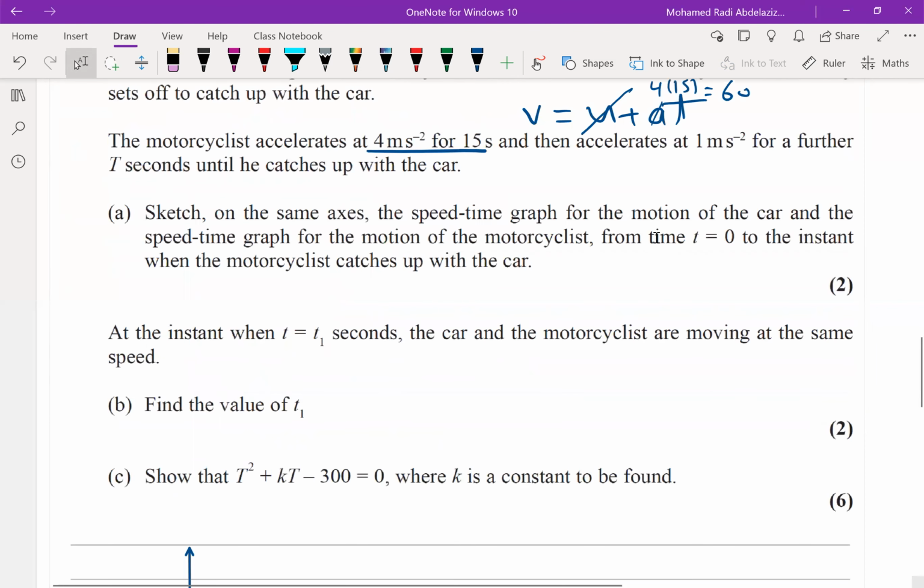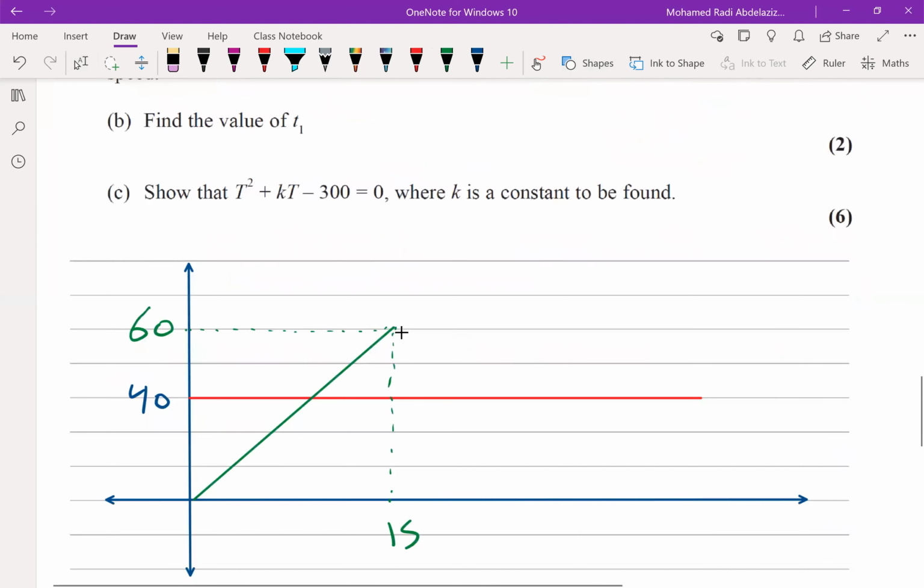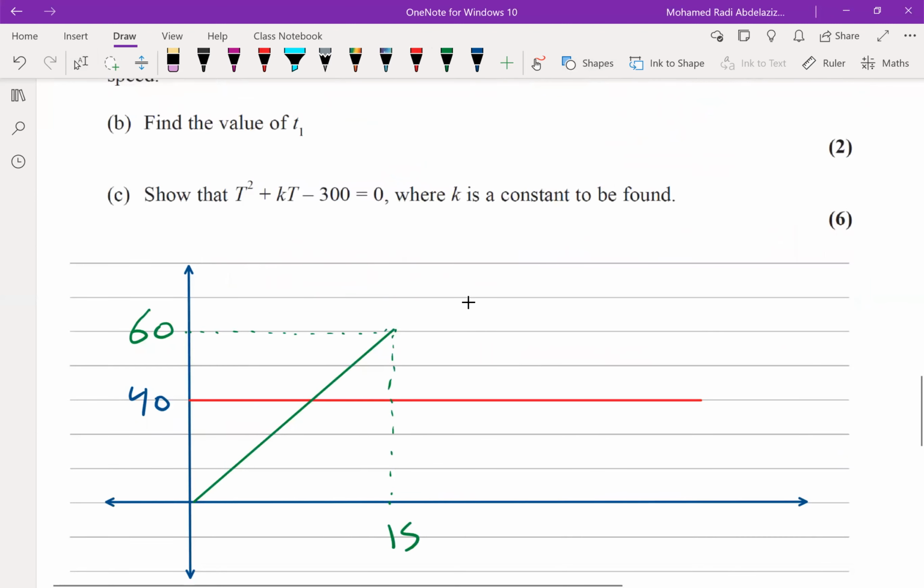Second part, accelerate at 1. This acceleration is less than the first value, so the line has to be less steep than the first one. It will be like this. The time given is this part.